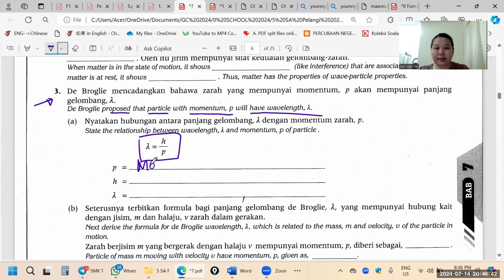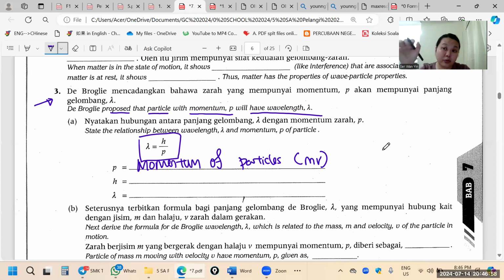P is the momentum of particles. What is momentum? It's mv: the particle has mass and is moving. H is the Planck constant.